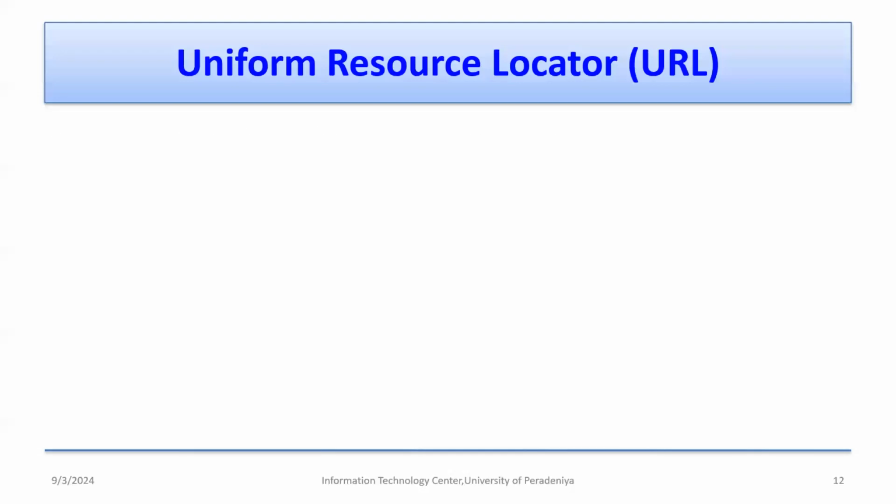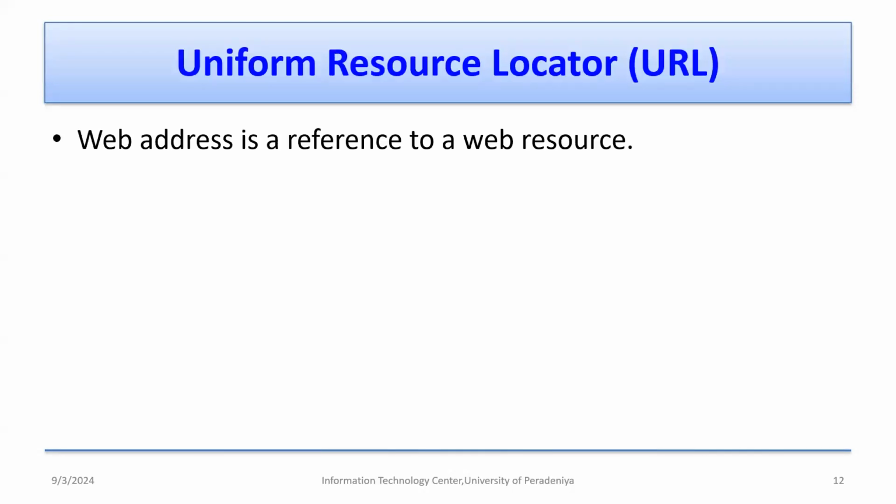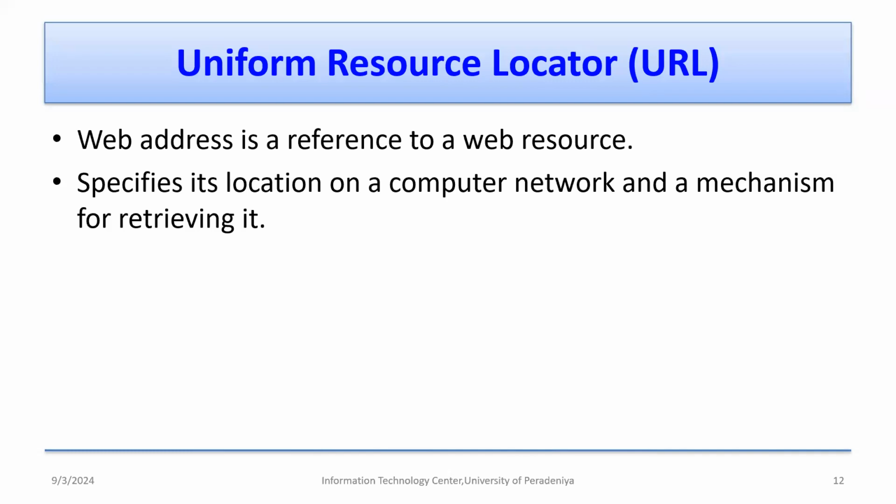As I said earlier, URL means Uniform Resource Locator. A web address or URL is a reference to the web resource. There should be an address or reference to the web page, which we call a resource. It specifies the location on the computer network and the mechanism for retrieving it.